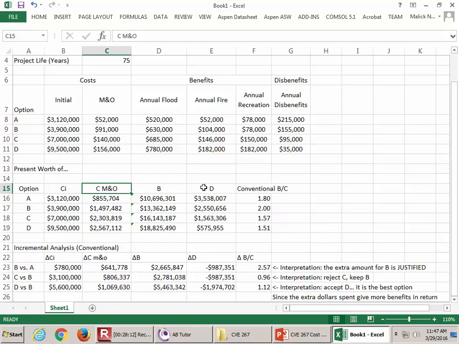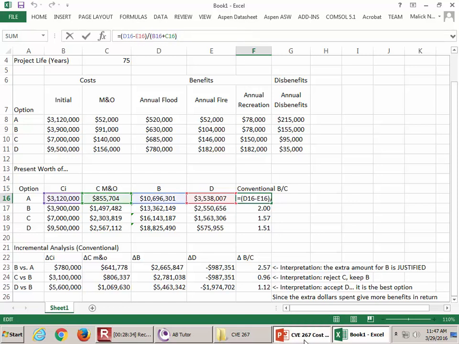And so we use the PV function for those amounts, where we were using the interest rate that was given, 75 years, and then the amount that was shown in the payment field. And of course that negative sign, because Excel changes the sign, and we want it to stay as a positive value.